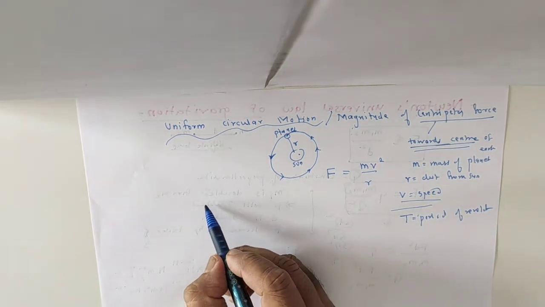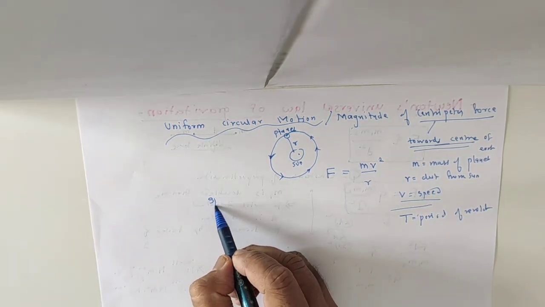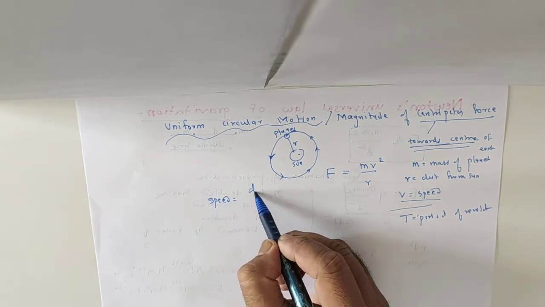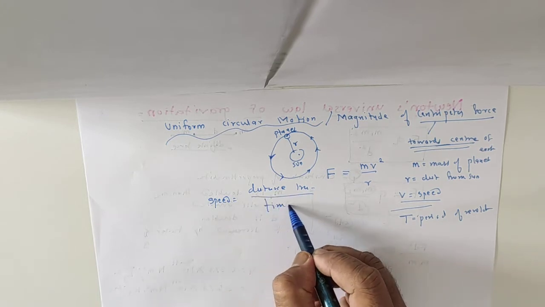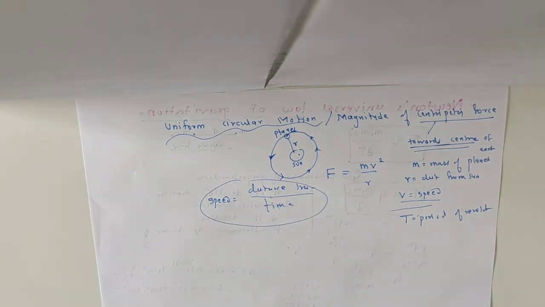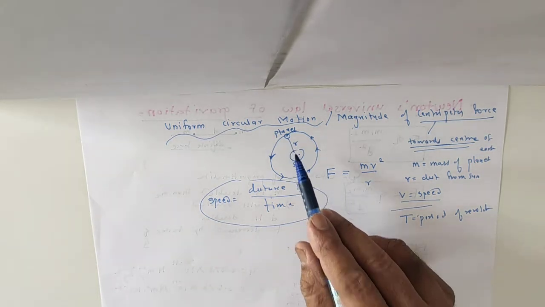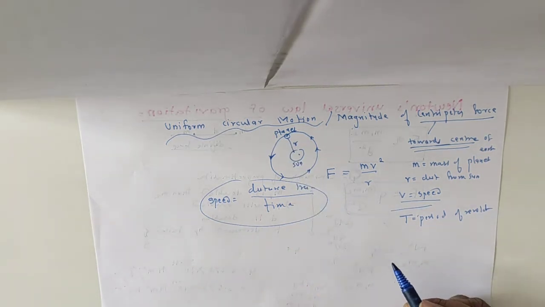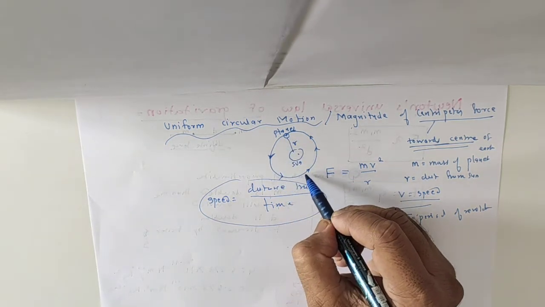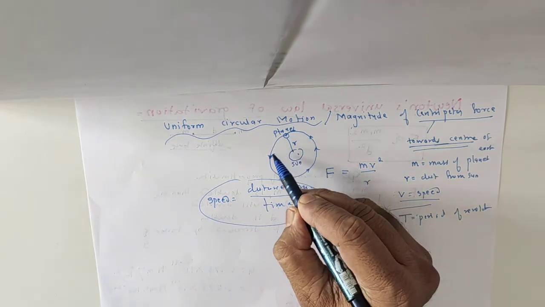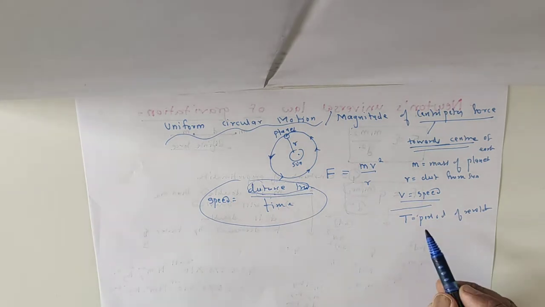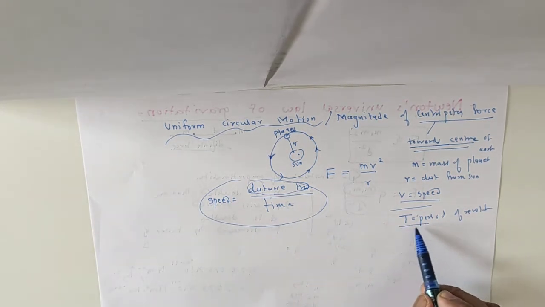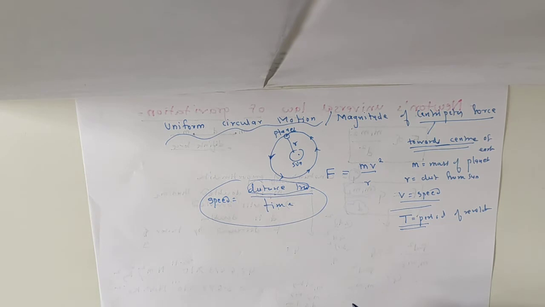In physics, speed is nothing but distance traveled divided by time, and we use this formula for a planet revolving around the sun. In circular motion, the circumference is the distance, and the time is the period of revolution.